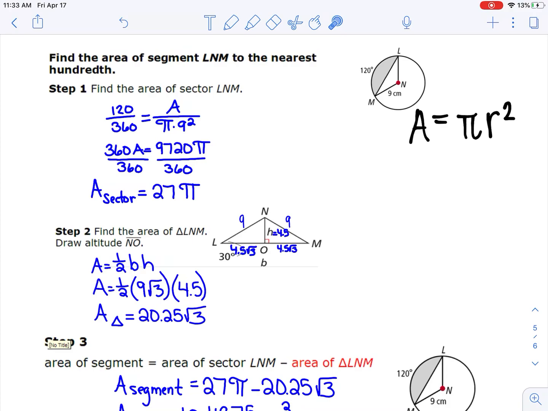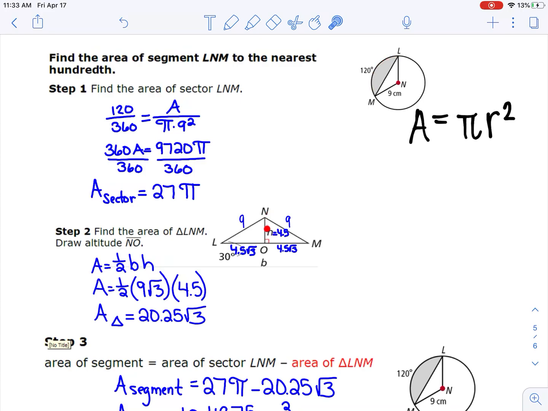Moving on to step 2, we need to find the area of triangle LNM. And we're going to draw altitude NO, because that will be our height. So we basically just took this triangle LNM from our circle and redrew it over here. Remember that the measure of our central angle was 120 degrees.